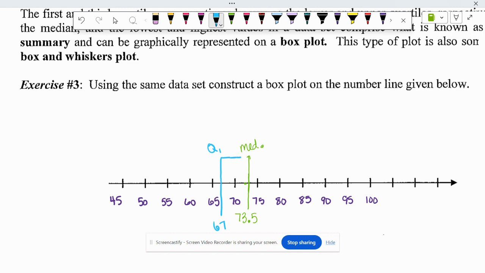And these two start to form my box. Those start to form the left side of my box. Okay. What is my Q3? 83. So I'm going to draw a line down in between 80 and 85, closer to the 85. And I'm going to write 83 below that. And I'm going to draw it up and I'm going to label it Q3.